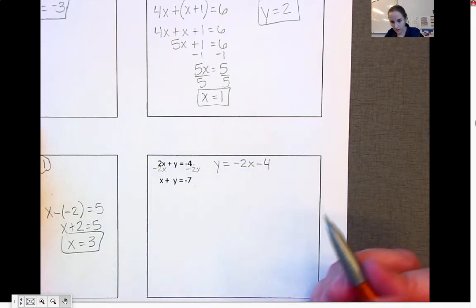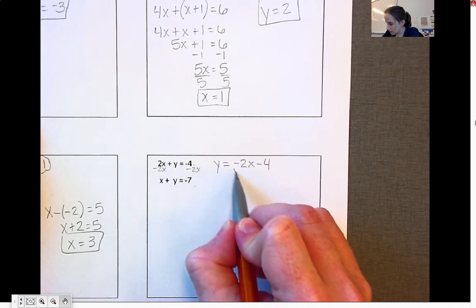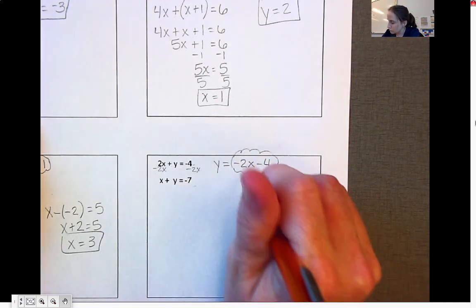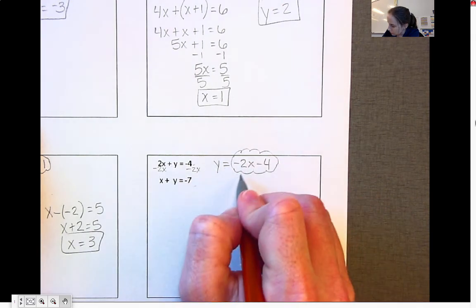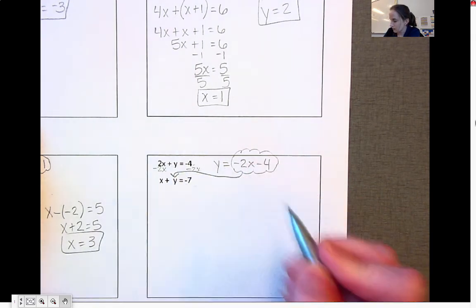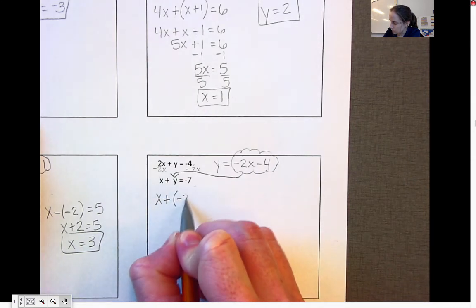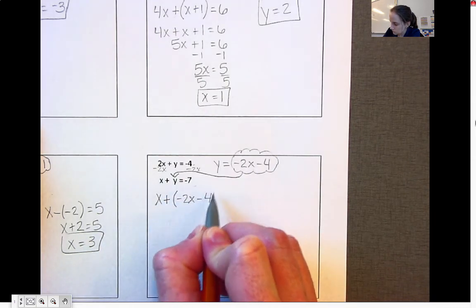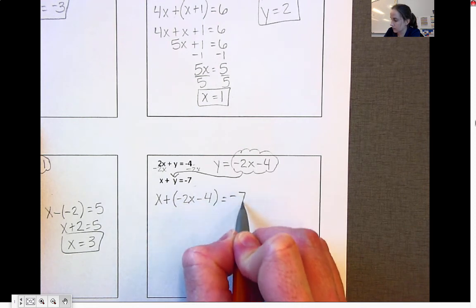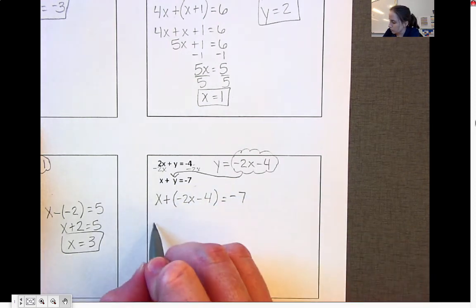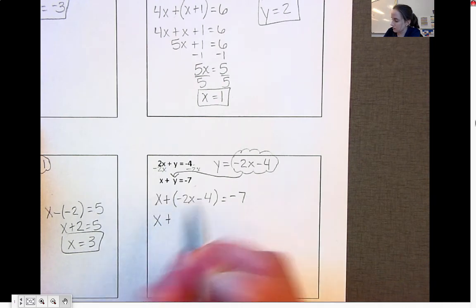Now I know what y equals. Y equals this. So this is y, and so I plug it in here. X plus the y value equals negative 7. Again, I don't have anything to distribute here, so I'm just going to take away the parentheses.